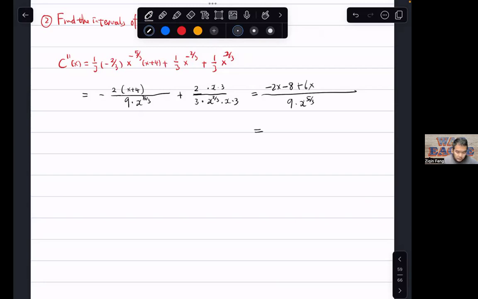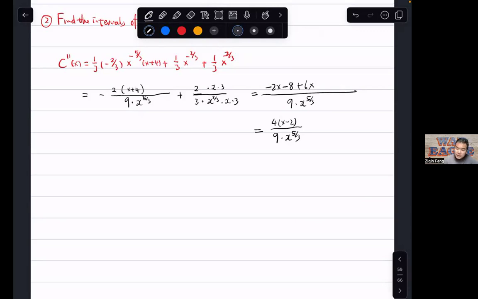So this is 4 times (x minus 2) over 9 times x to the 5 over 3, because 6x minus 2x is 4, and 4 and 8 have a common factor, which is 4.